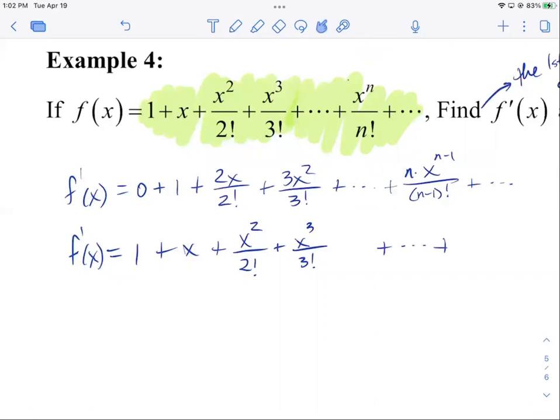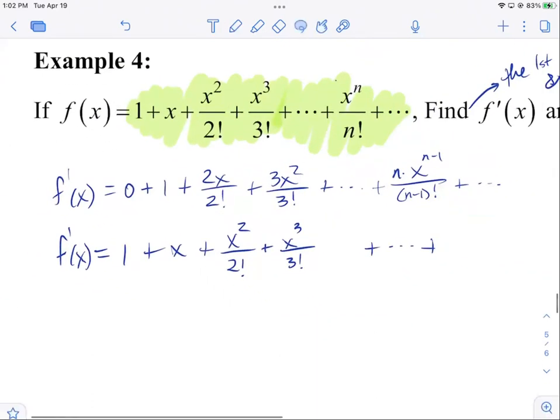Okay, and then we'll say plus dot, dot, dot, plus n times x to the n minus 1 over n minus 1 factorial. Plus dot, dot, dot.